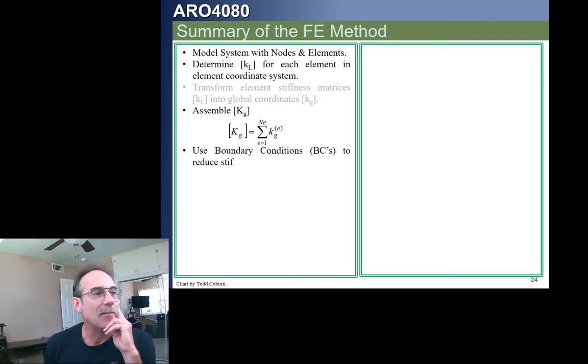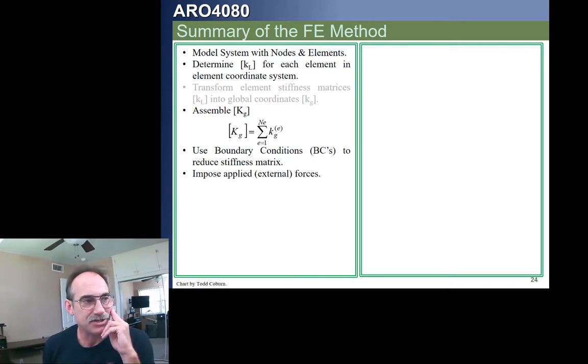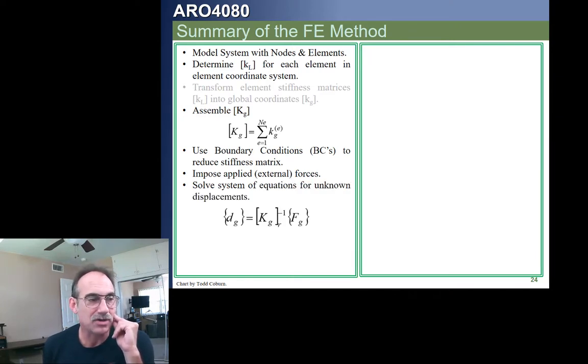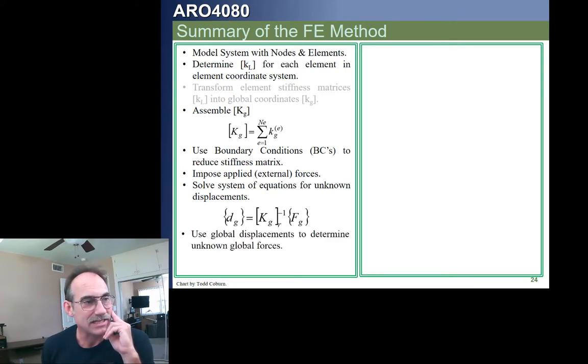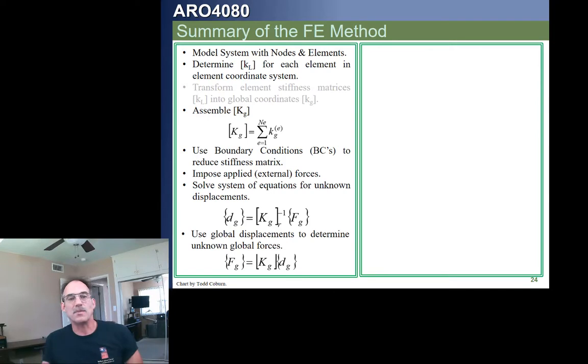And then we're going to apply our boundary conditions to reduce the stiffness matrix. We're going to impose any boundary conditions and external forces. We're going to solve our system of equations for the unknowns after we've reduced our stiffness matrix. And this little r means we've reduced that stiffness matrix. That means the global displacements is equal to the inverse of the reduced global stiffness matrix times the corresponding global forces.